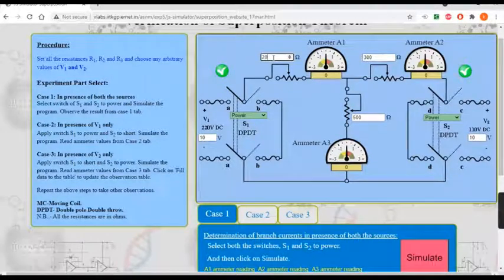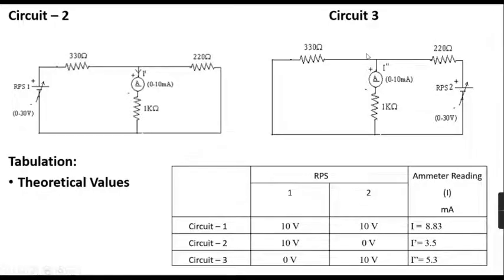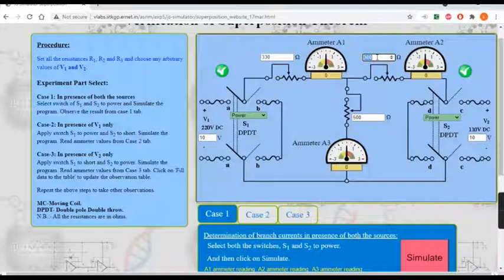This is 330 ohms, this is 220 ohms, and this rheostat is 1 kilo ohm, which is equal to 1000 ohms. It is the same circuit we have found. Here you have RPS 1, this is RPS 2, this resistance is 330 ohms, this resistance is 220 ohms, and this is the 1 kilo ohm resistance.